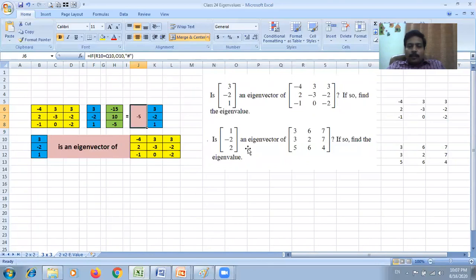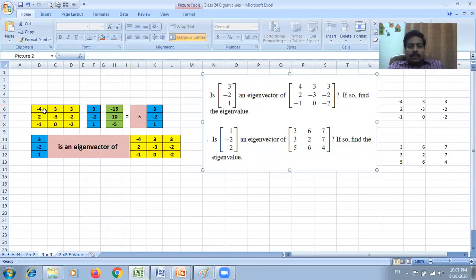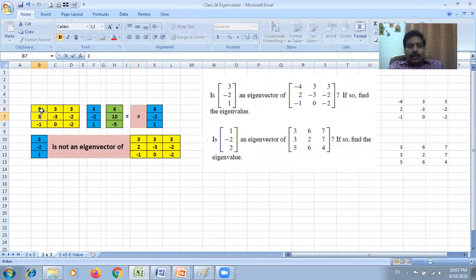Similarly, there is another problem. Let us check this also. 3 and 3, 5 in the first column. 6, 2, 6 in the second column. 7, 7 and 4 in the third column. And the given vector is 1, -2 and 2. So the resultant vector is 5, 13, 1.